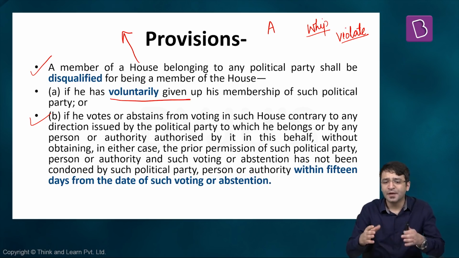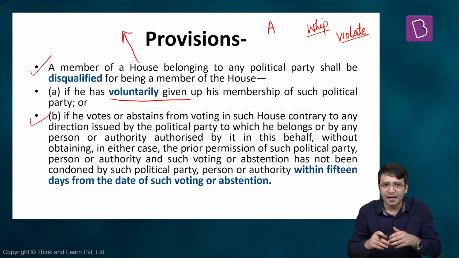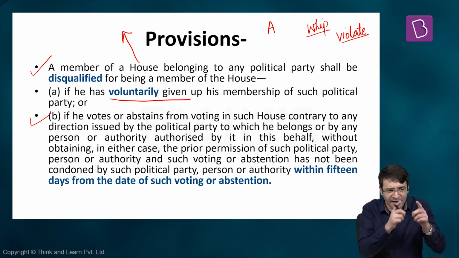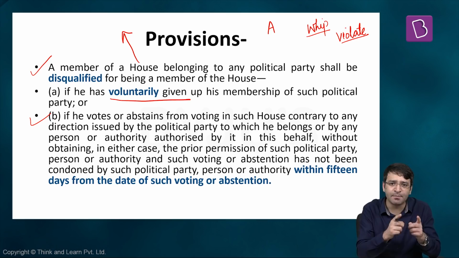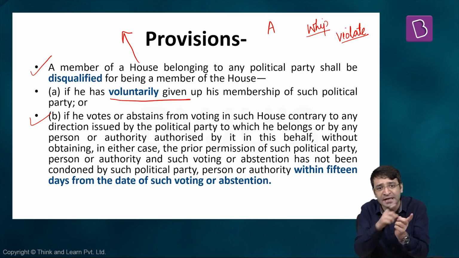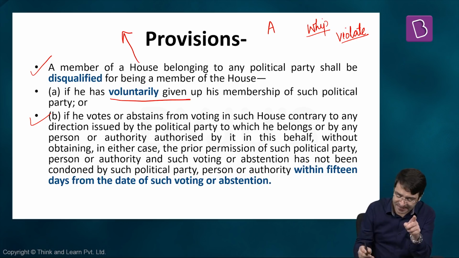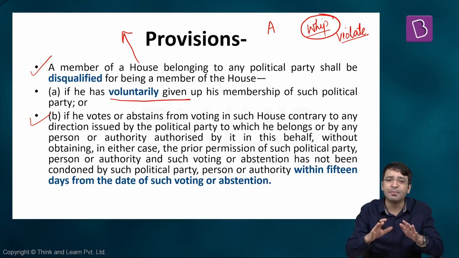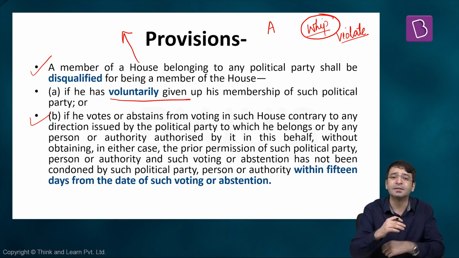And in Lok Sabha, a bill is to be discussed, and on this particular bill, voting has to take place. If my political party is asking me that you have to vote in favor of this bill, but I'm voting against this bill, that means I'm violating the whip issued by my political party. I will be disqualified from being the member of the House of the Parliament.